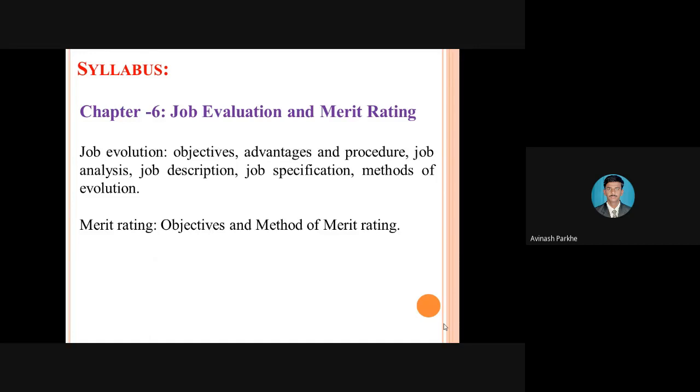In part 2, we'll discuss merit rating: what is meant by merit rating, its definitions, its important objectives, and whenever we have to give ratings, which methods we have to use. That is also going to be discussed. So this is the overall syllabus of job evaluation and merit rating, that is chapter number 6.